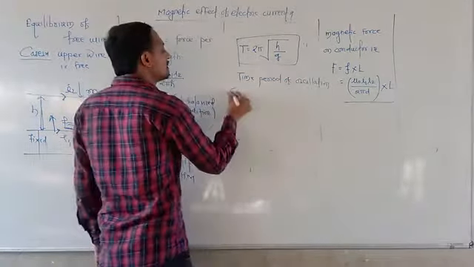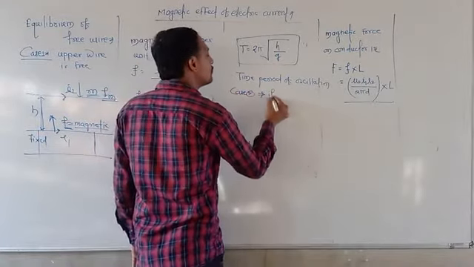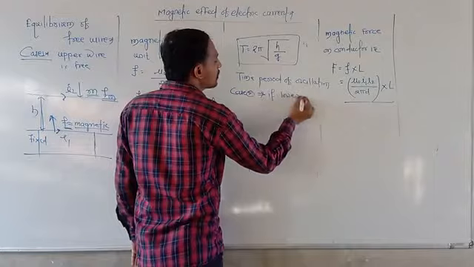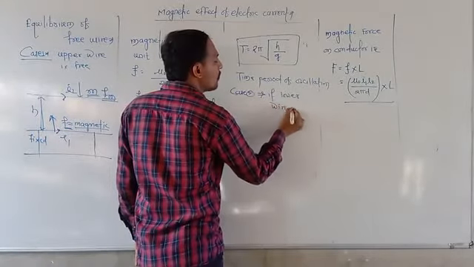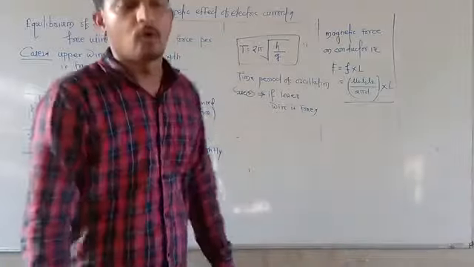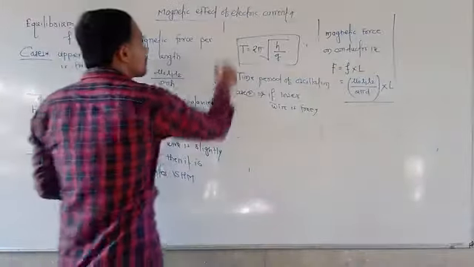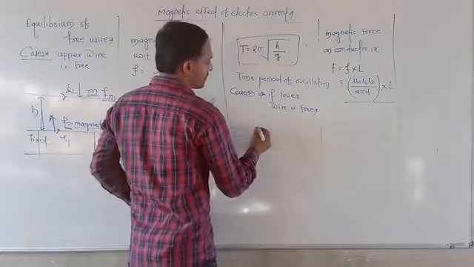Okay. Second case, if the lower wire is free. At that time, what happens? If the lower wire is free or in equilibrium, the condition is like this.